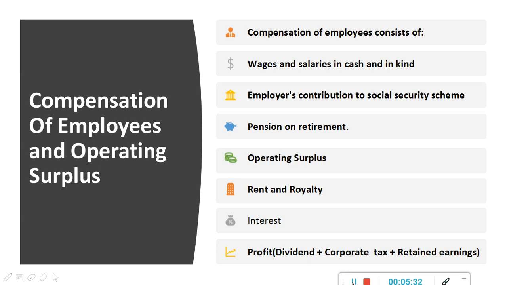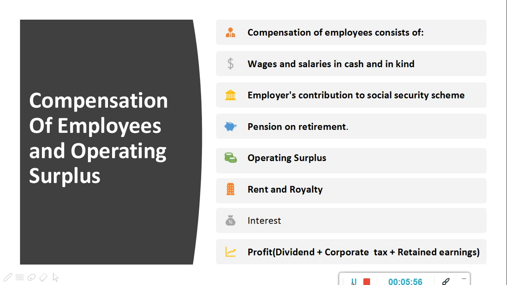It will be part of our national income, as it is included in our compensation of employees. Next is employer's contribution to social security schemes. This is an additional benefit given by the employer to his employee.